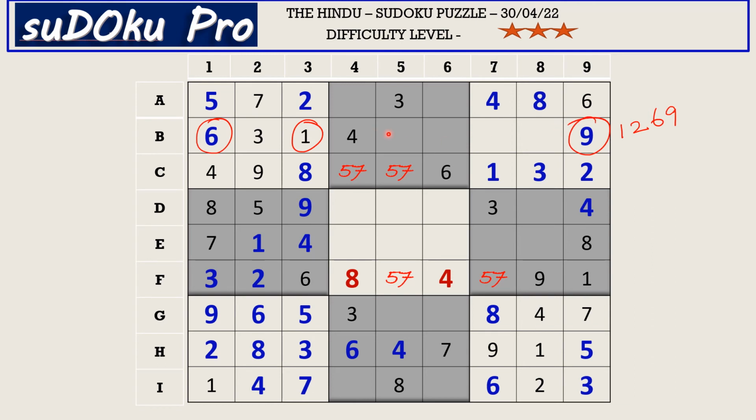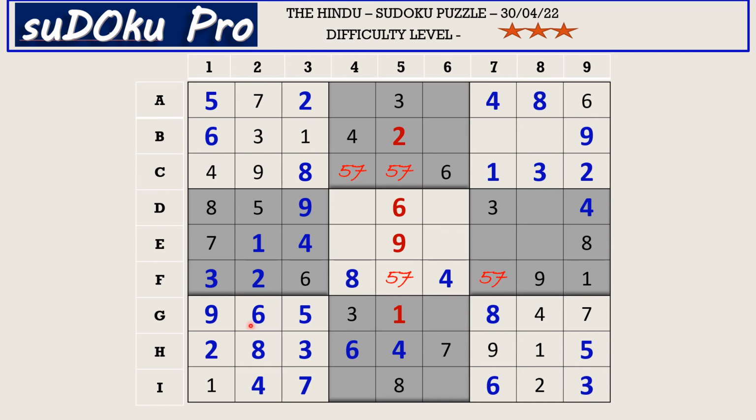So B5 takes 2. So I'm cancelling out the 2 here. So now the missing numbers are 1, 6 and 9. There is 6 and 9 in G row blocking the cell. So G5 takes 1. Now the missing numbers are 6 and 9. There is 9 blocking from here. So D5 takes 6 and E5 takes 9.